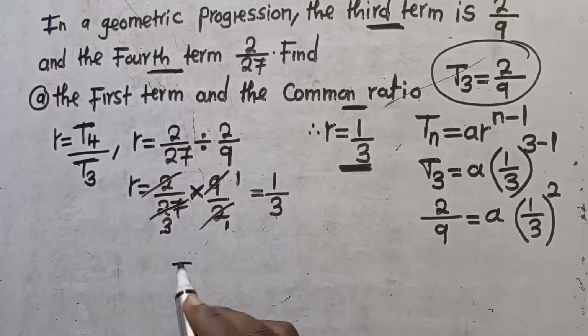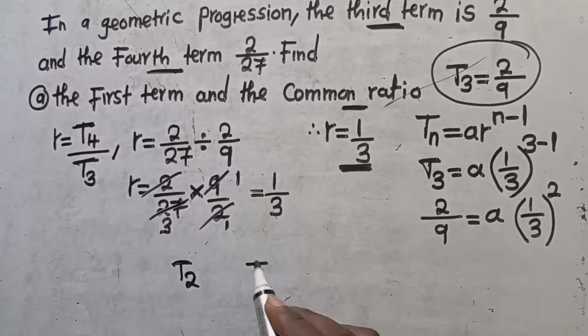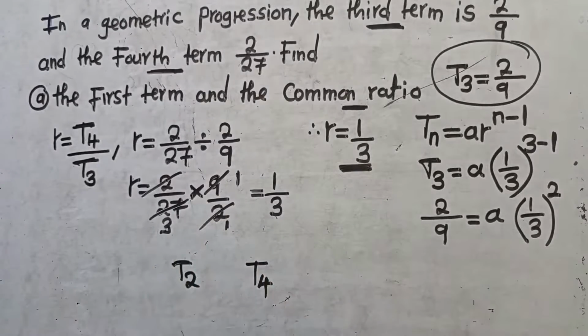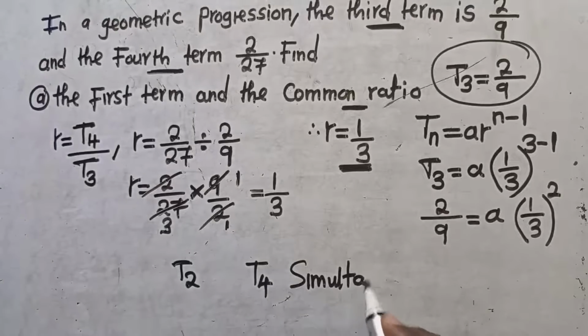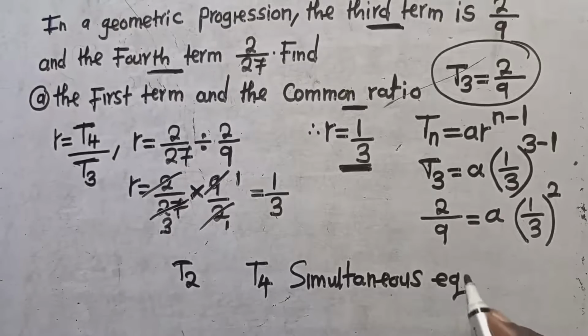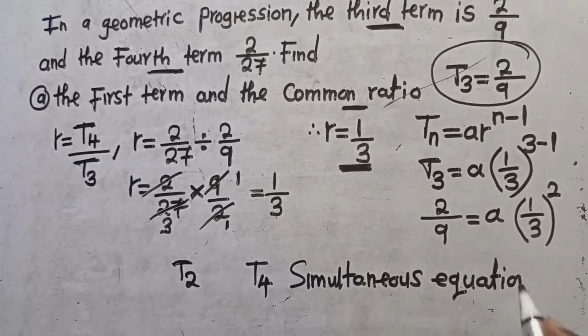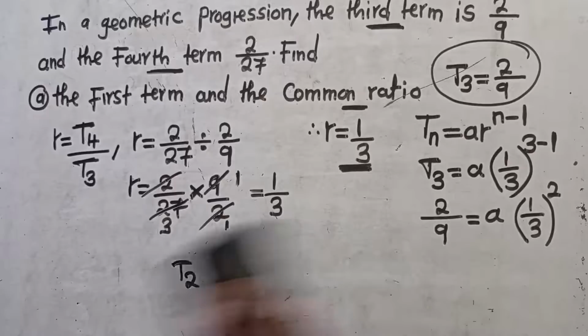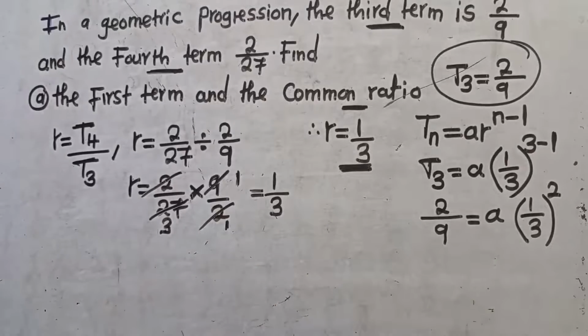But if you are given that the second term is this and the fourth term is that, these are not consecutive terms, so you cannot use formulas like this. You get to form what we call simultaneous equations. That is what you need to understand. But if these are consecutive terms, following each other, we just find the common ratio, then we substitute.